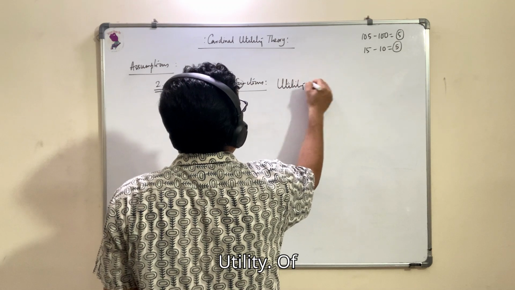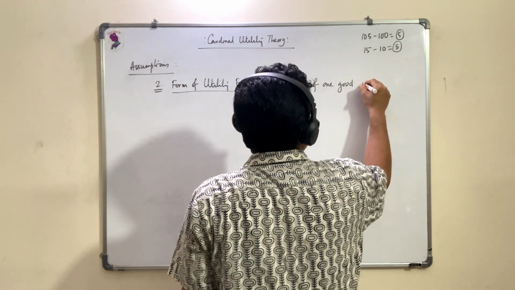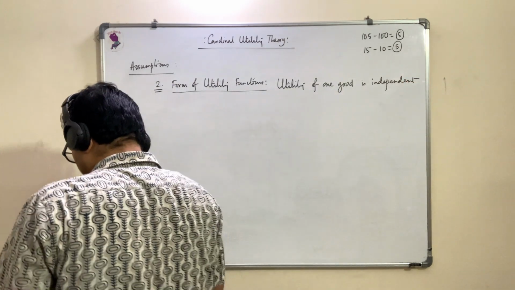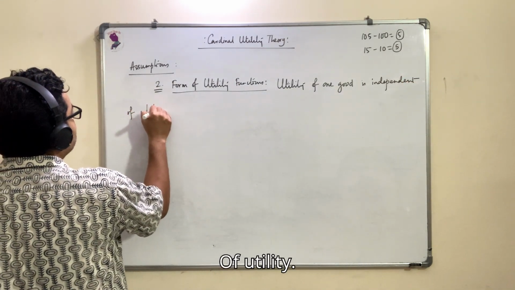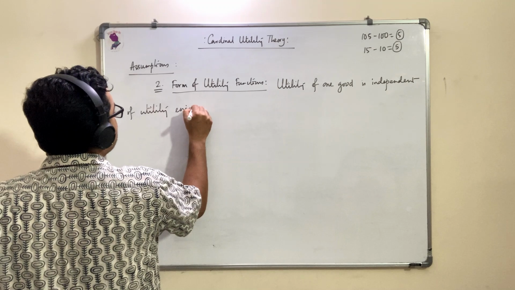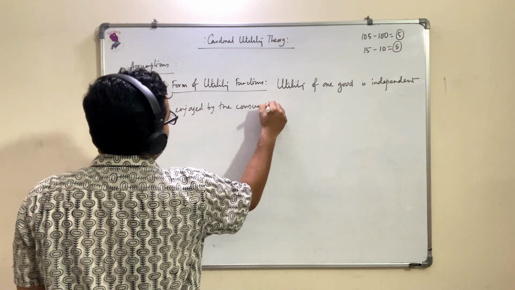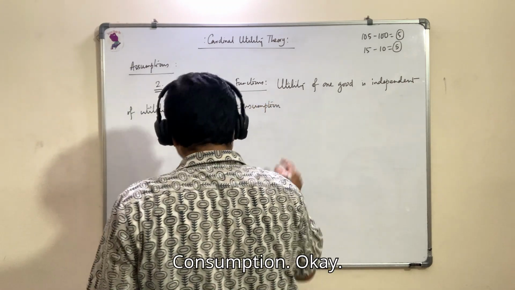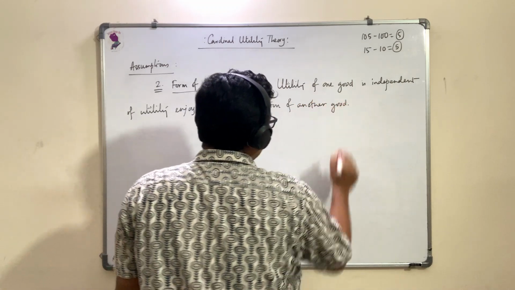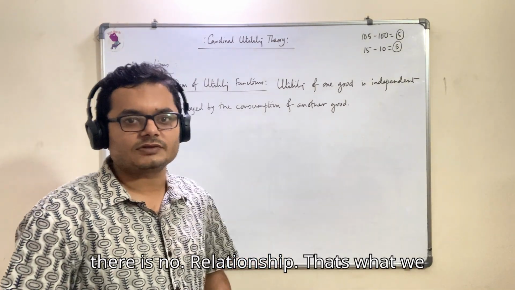Utility of one good is independent of utility enjoyed by the consumption of another good. So essentially there is no relationship. That's what we are saying here.